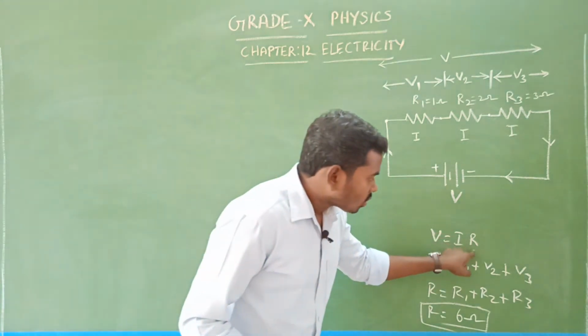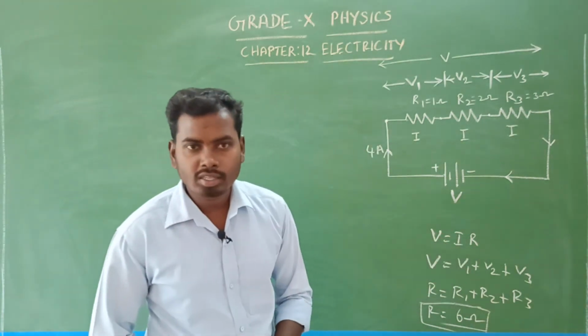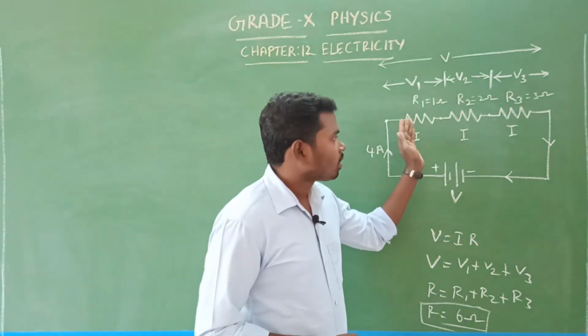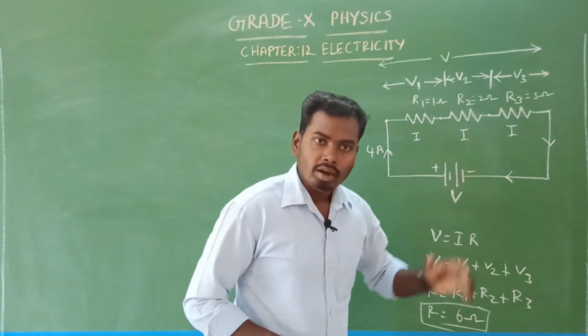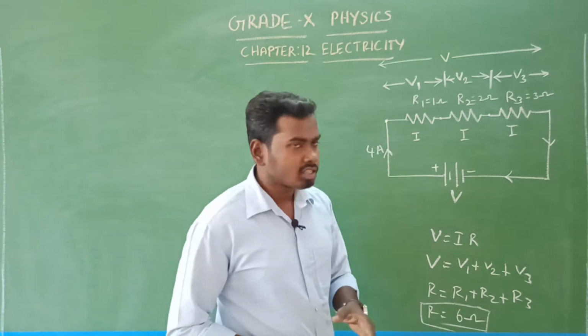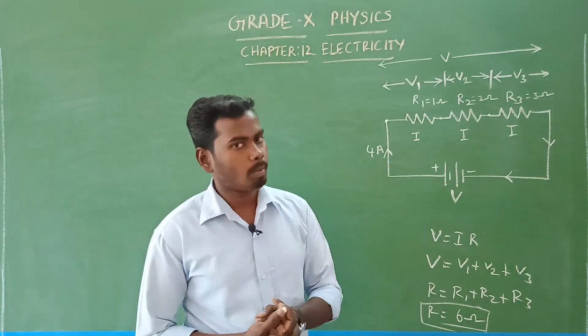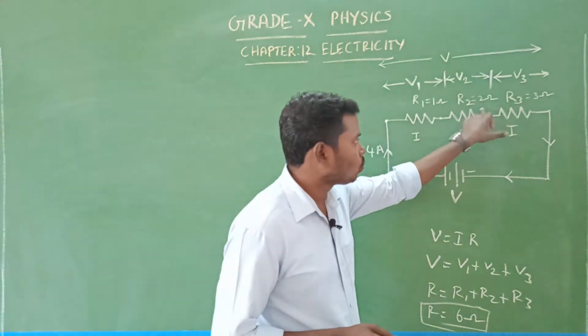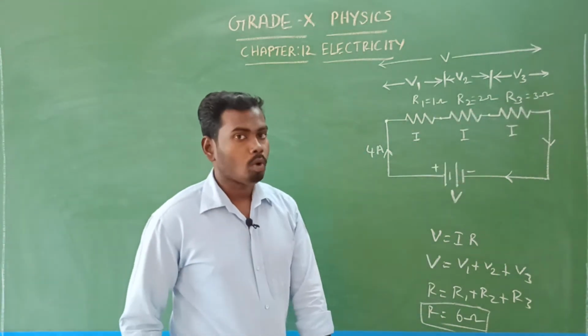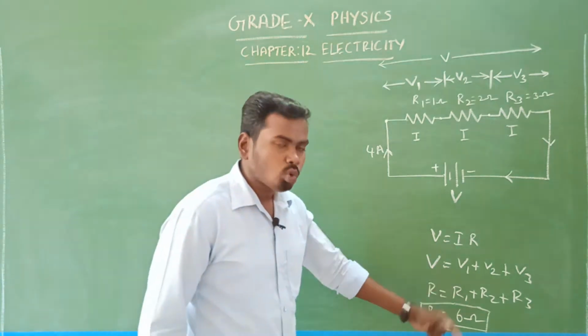Next one, what happens to total resistance? We have connected three different resistors with different resistance values. The first resistor value is 1 ohm, the second 2 ohm, and the third one 3 ohm. Then what is the total resistance?